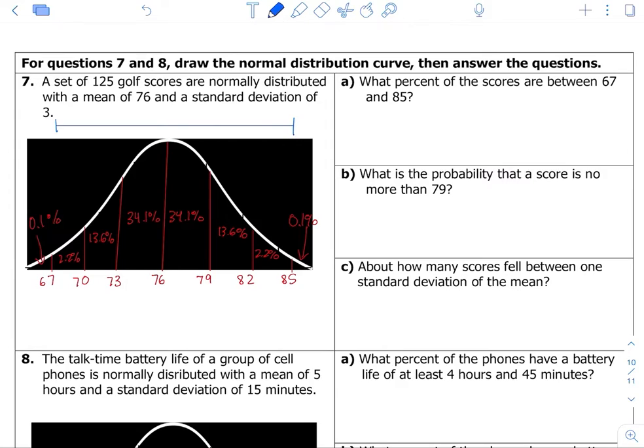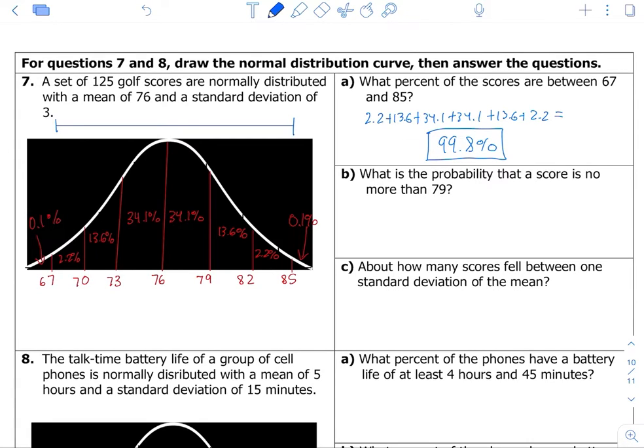But I will do the adding part. So 2.2 plus 13.6 plus 34.1 plus 34.1 plus 13.6 plus 2.2. And this is the percentage between 67 and 85, which is 99.8%.